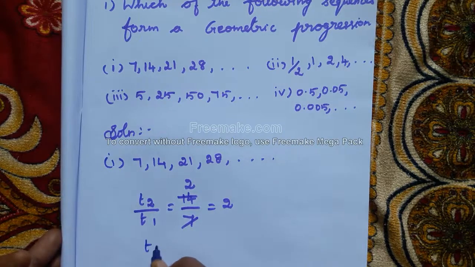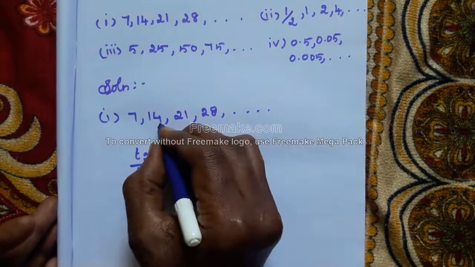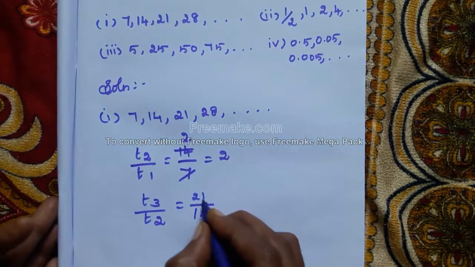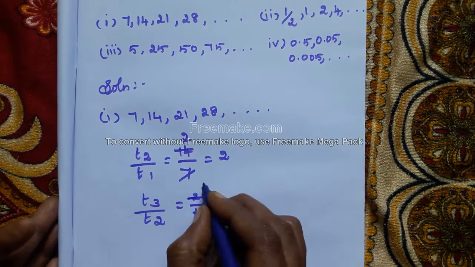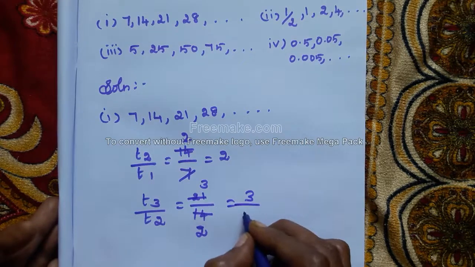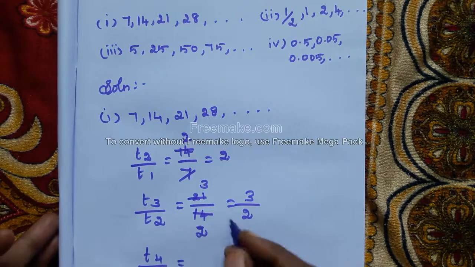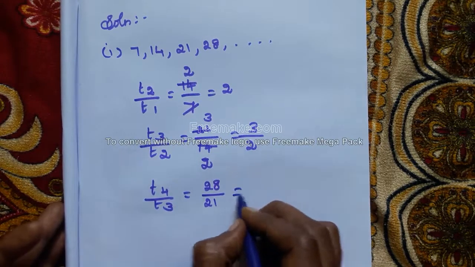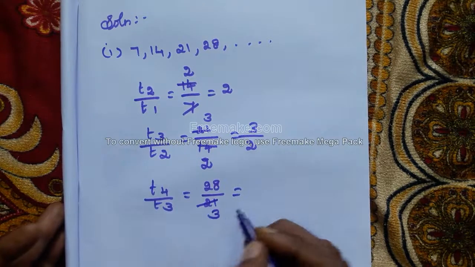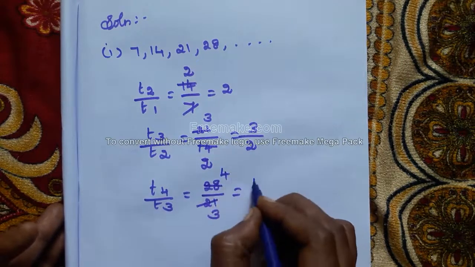Next, T3 by T2 is equal to 21 by 14. We can cancel by the 7 table: 2 sevens are 14, 3 sevens are 21, so 3 by 2. Next, T4 by T3 is equal to 28 by 21. We can cancel by 7: 3 sevens are 21, 4 sevens are 28, so 4 by 3.